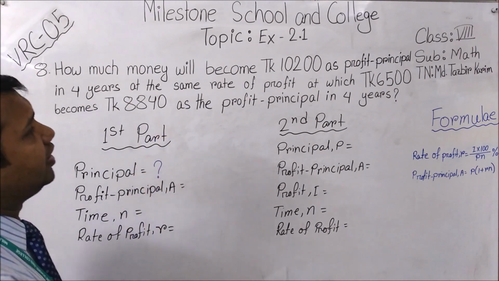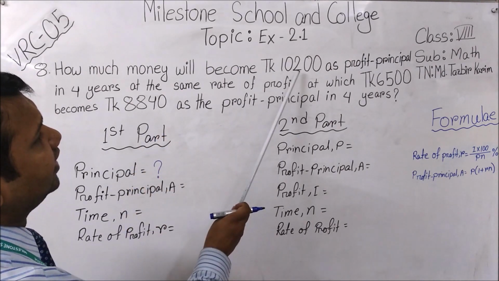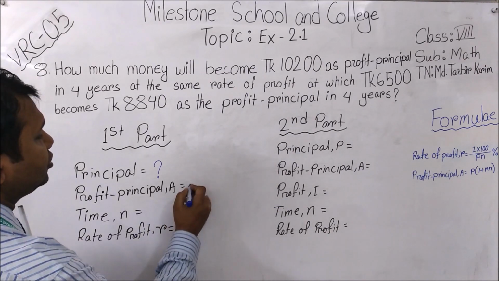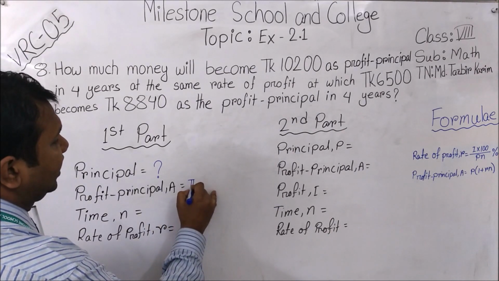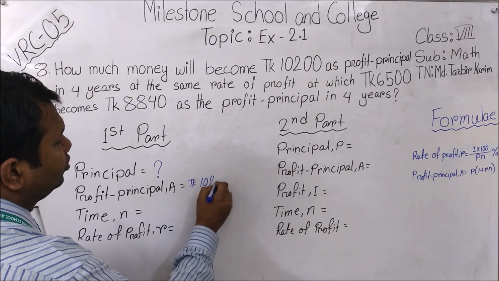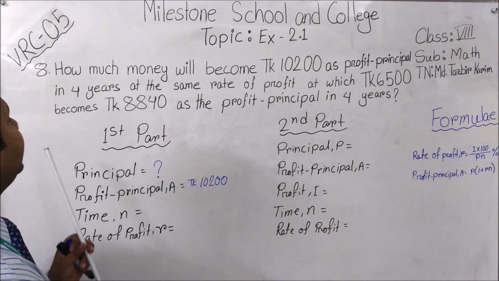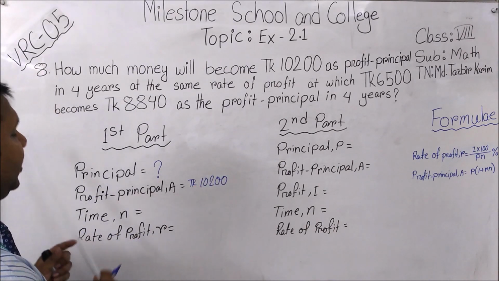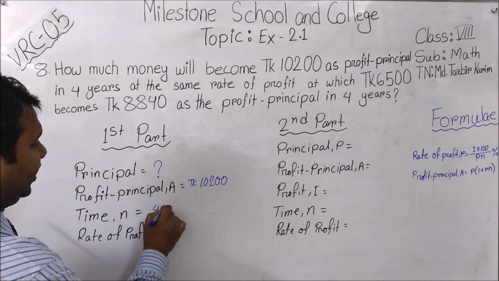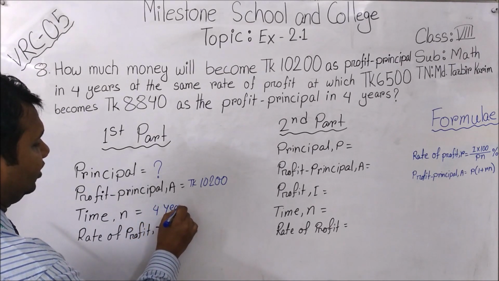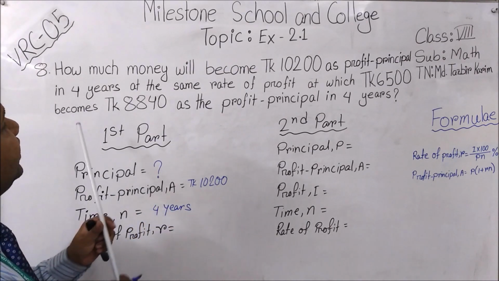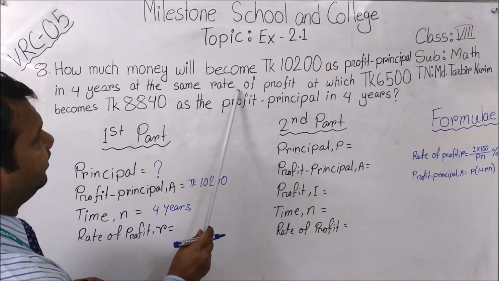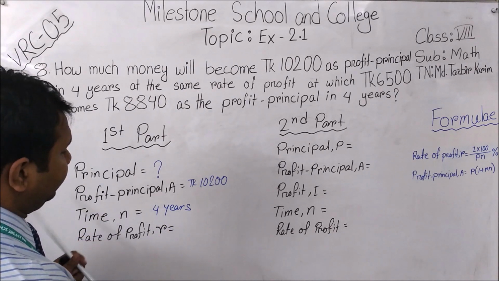Then 10,200 taka, that is the profit principal. So the profit principal is taka 10,200. Then what is the time? 4 years. Time is 4 years. At the same rate of profit. What is the same rate of profit?